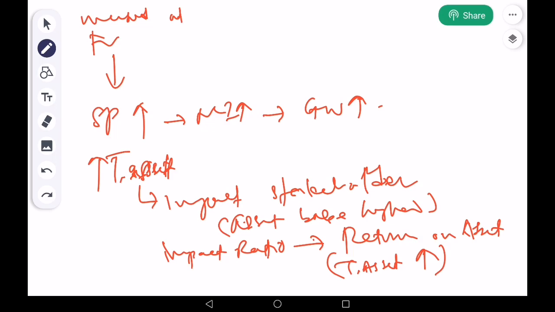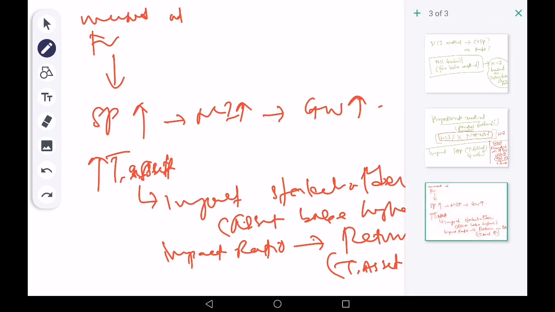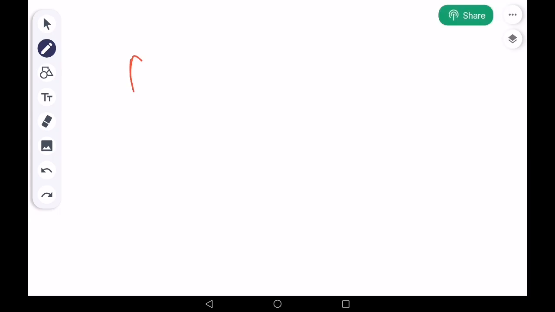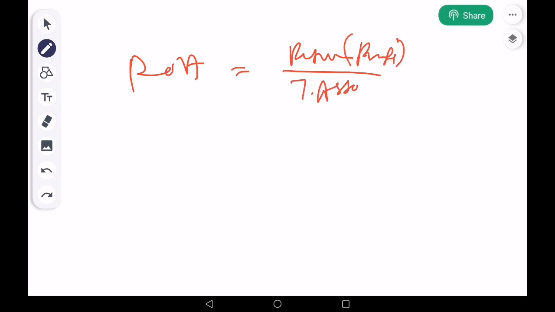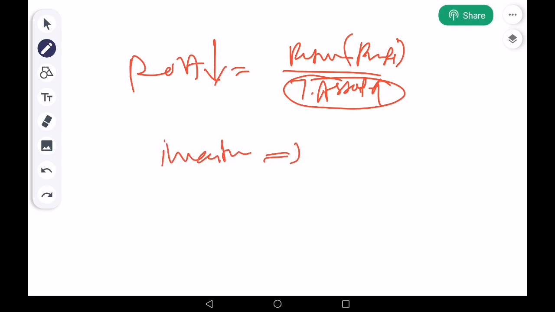So due to your denominator being higher, class, what happened to your ROA? Profit divided by total asset. What happened? When your total asset, your denominator, is higher, ROA will decrease. So the investor will see this as less efficient.